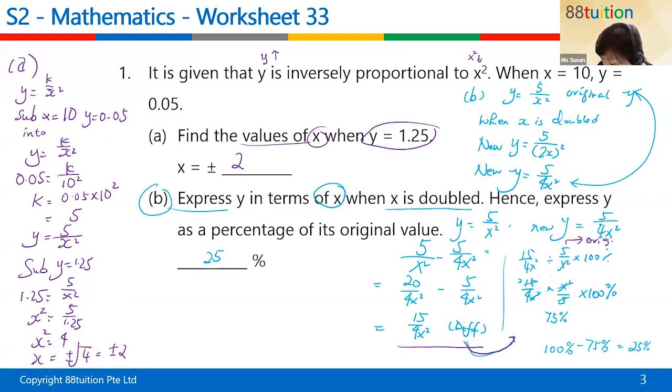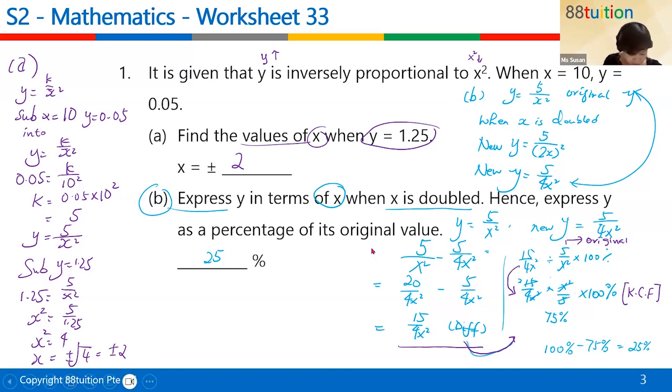So I put this as original, then times 100%. You remember the fraction that I have here, I keep, change, and flip. So in this stage, I do keep, change, and flip a fraction and express them as a percentage. And this is 3/4 of it when x is doubled.